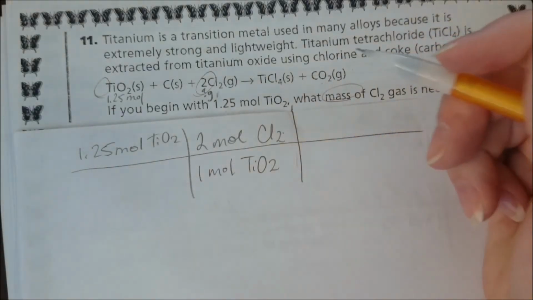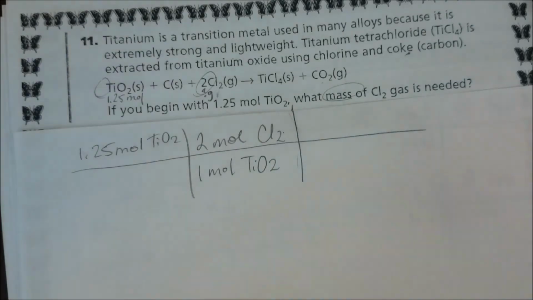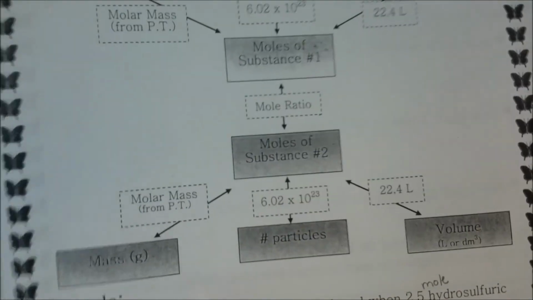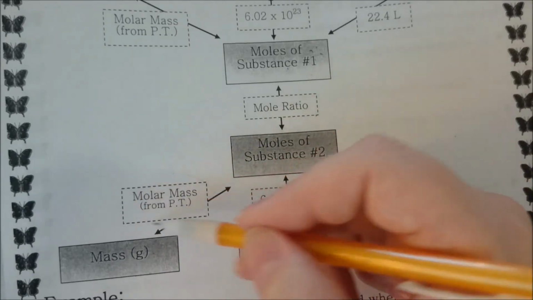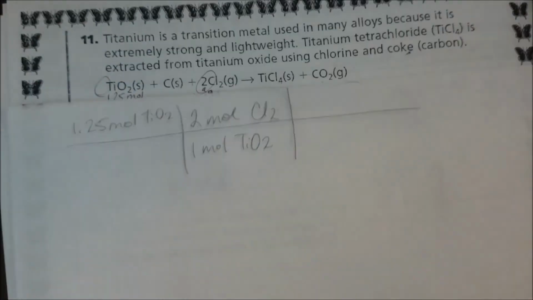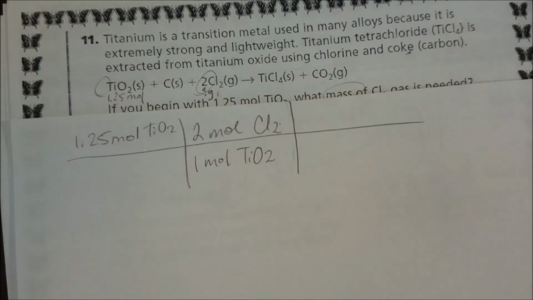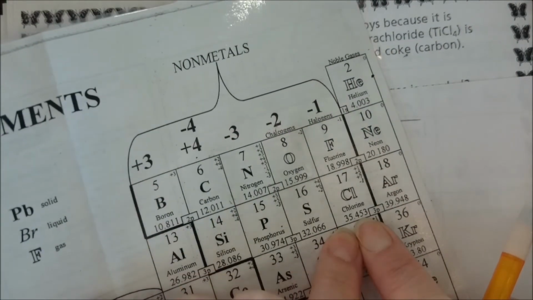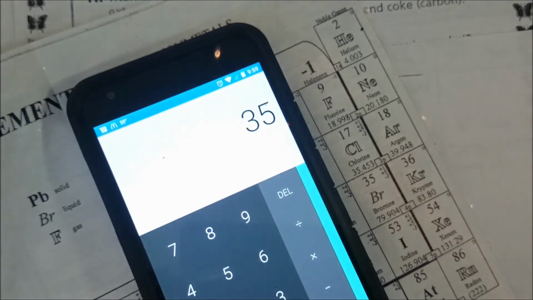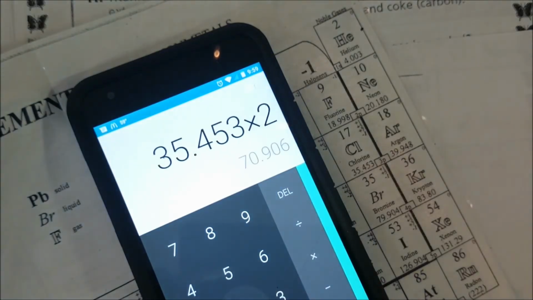So this is where your periodic table comes in. So we've done this step, we're going to do this step, and this step says get the molar mass from the periodic table. So you're going to look up Cl on the periodic table, and you're going to multiply by 2 because it's Cl2. We're going to do 35.453 times 2, and that's our answer, 70.906.